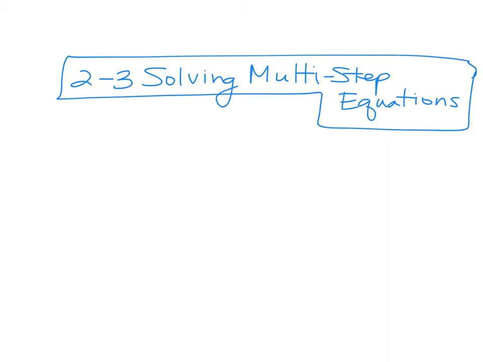So the first thing I want you to think about when you're doing a multi-step equation, I'm going to write one out for you here just to show you. In this type of setup, there's a lot of different operations happening right now. So you have addition.